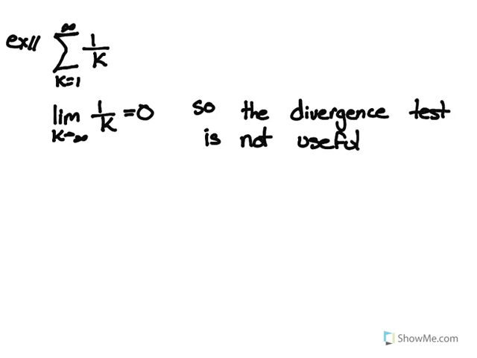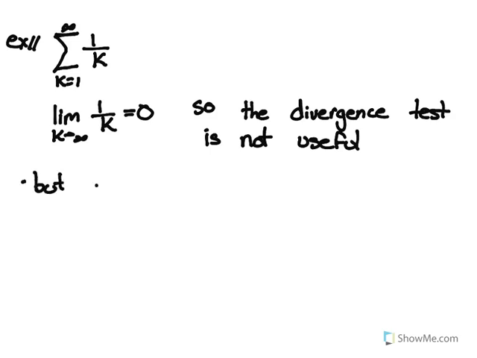Note that this does not imply that the series converges, because the converse of the divergence test is not true. Just because the terms in the series have a limit that go to 0, it does not imply that the series converges. And this is one good example, because this series does in fact diverge.